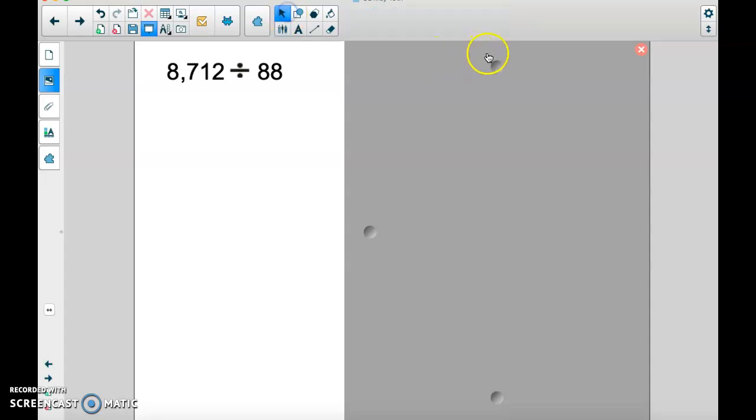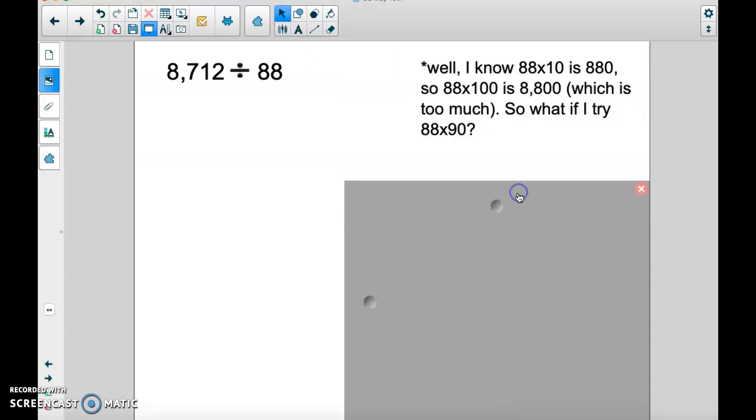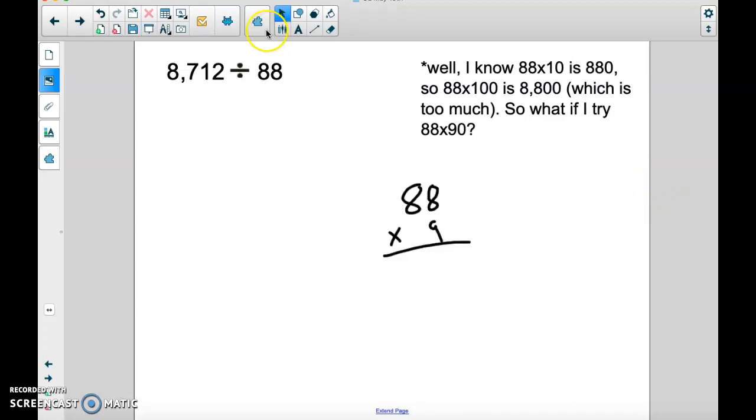So again, my thought process is pretty much going to be the same thing. I know 88 times 10 is 880. So 88 times 100 would be 8,800. That's pretty close to 8,712. But I don't feel like doing 88 times 99 or 98. That's a big one. So I'm just going to try 88 times 90 again.